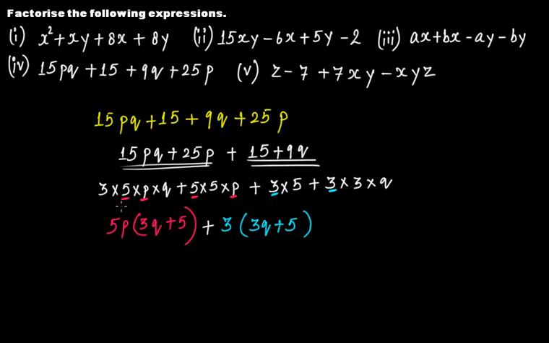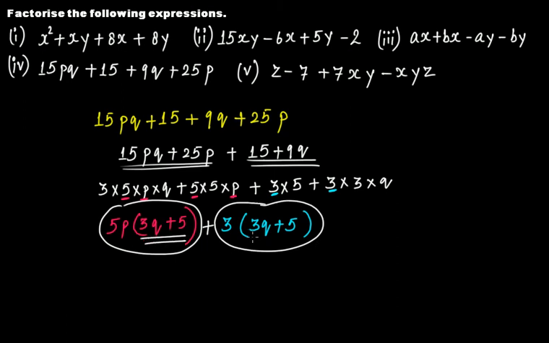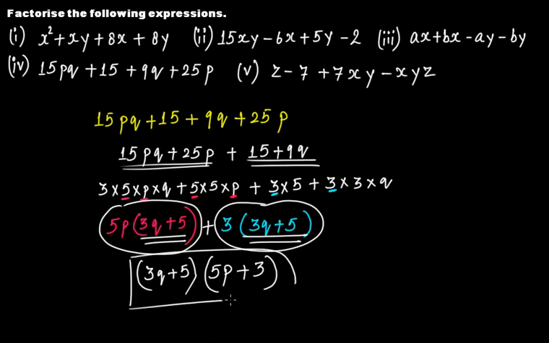Now we have two terms, and this factor is common in both, so 3q plus 5 outside the bracket, inside you have 5p plus 3, right? So this is the required factorization of this expression.